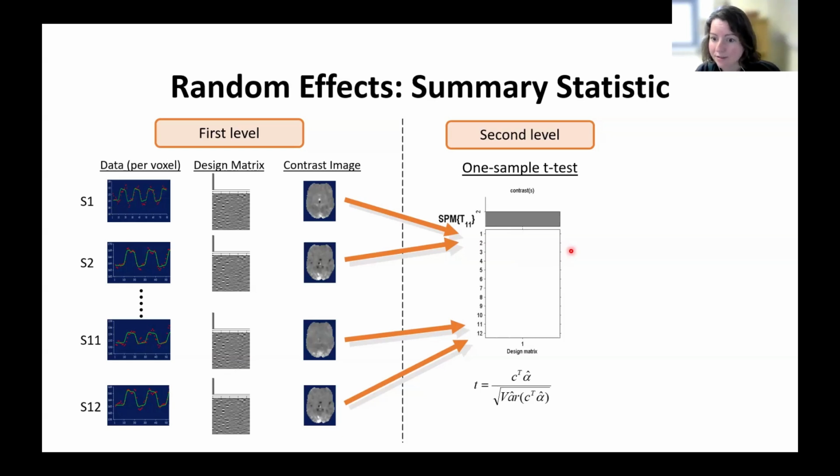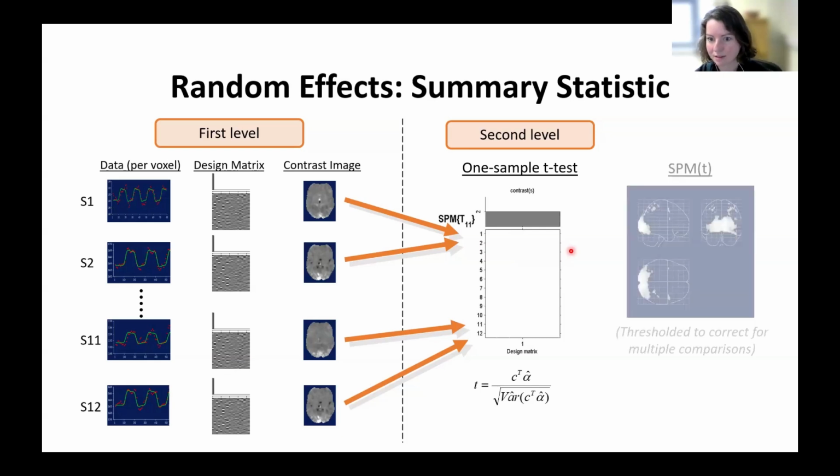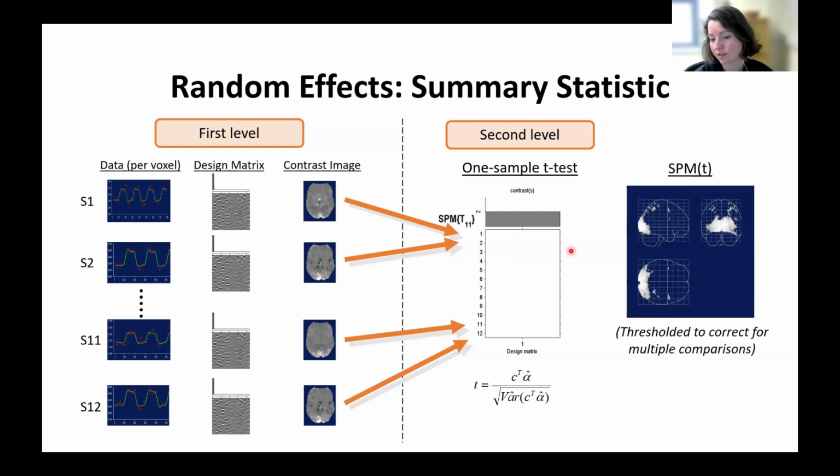The resulting t-values give you a map of the effect at the group level. In this specific image, the t-values are thresholded so that only significant ones are shown. Again, this is the example data set where there was a visual stimulus, so it makes sense that all of your significant effects are around the visual cortex.